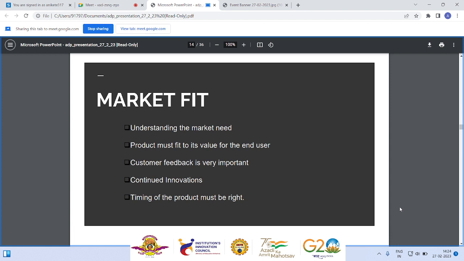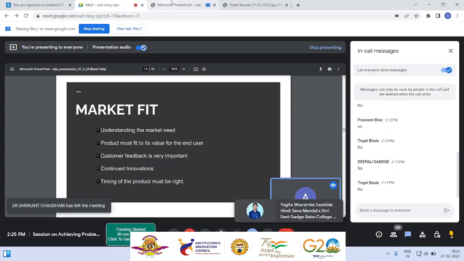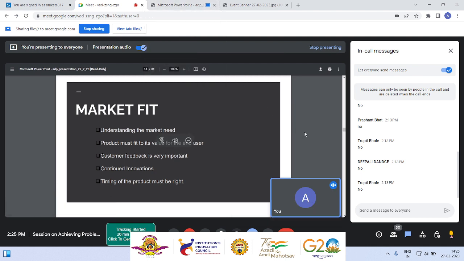There have been certain failures of products, which I will discuss in the coming slides, because they were not market fit, and the product must fit its value for the end user. For example, nowadays smartwatches are popular. Why? Because they are easily available at a price of less than 10,000.